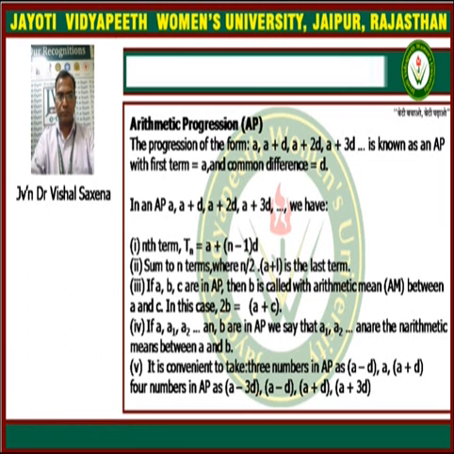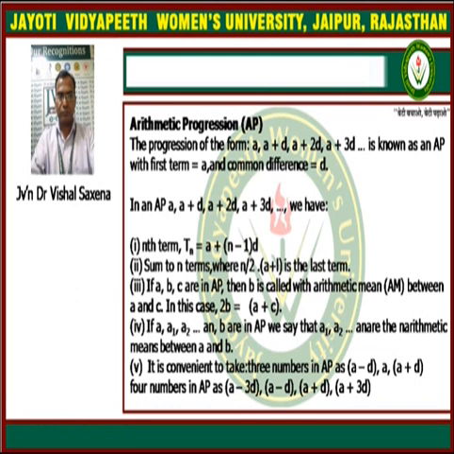In this series the difference of two consecutive terms always remains the same, and that is d. Like the second term minus the first term is d, the third term minus the second term is d, the fourth term minus the third term is d. So this d is called the common difference, and a is called the first term.